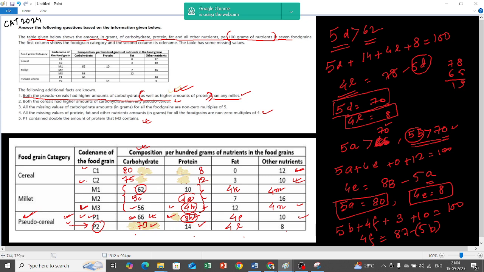So now you tell me, how can I relate 4G and 14? What relation can I draw? Because it is given that both the pseudo cereals have higher amounts of protein than the millets. That means millets have less protein than pseudo cereal.